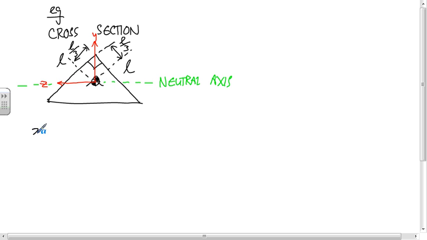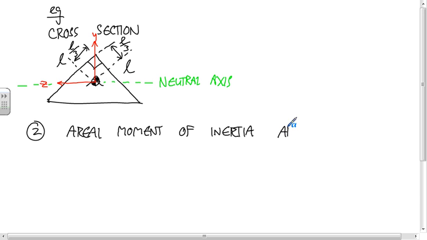Okay, the second mathematical preliminary we need is called the areal moment of inertia. And this moment of inertia is calculated about an axis.